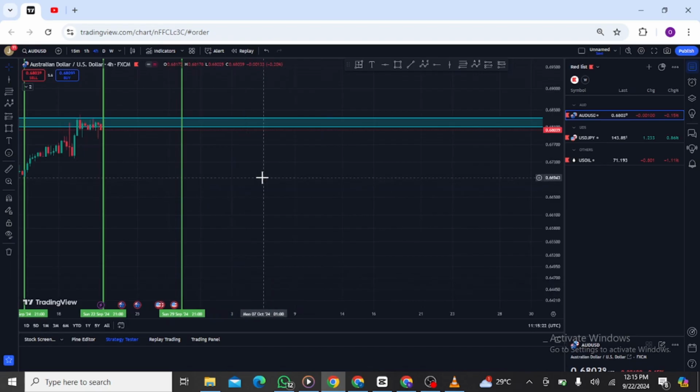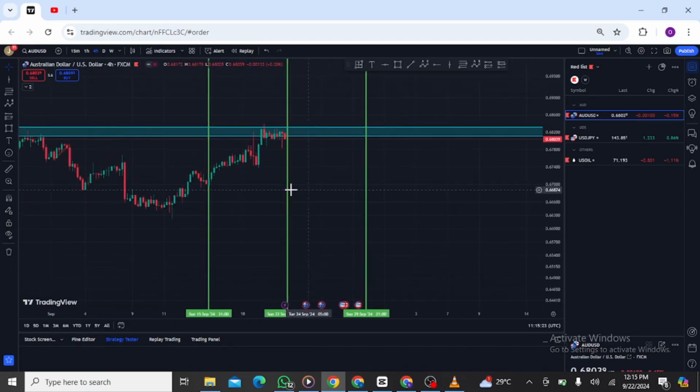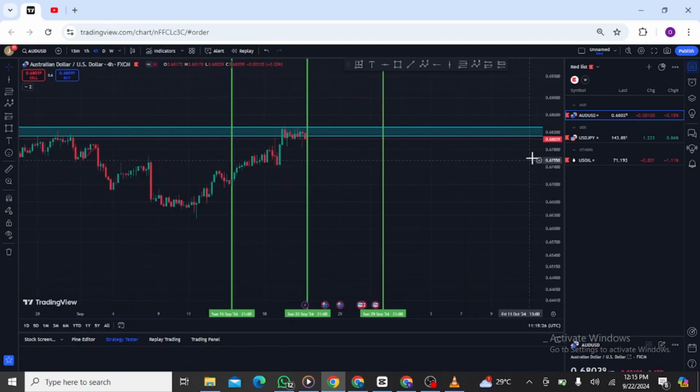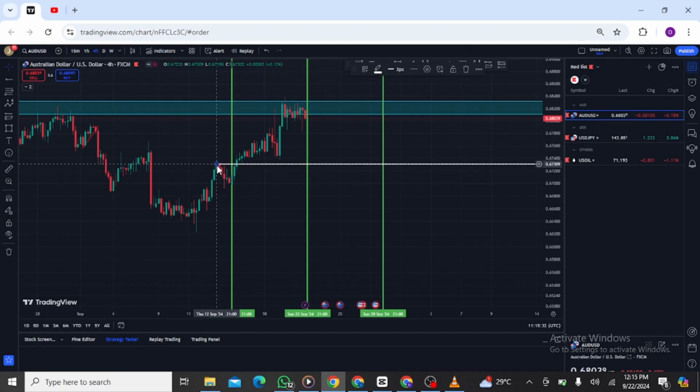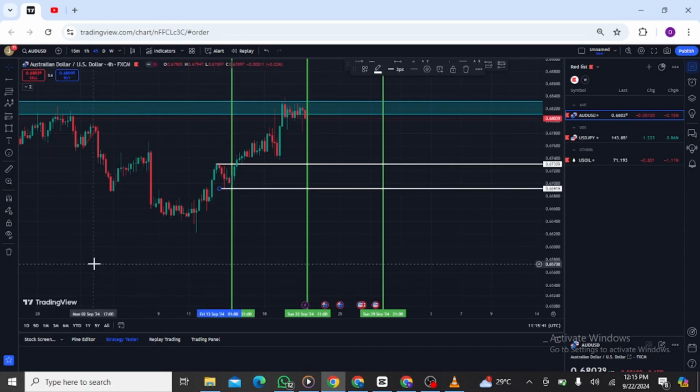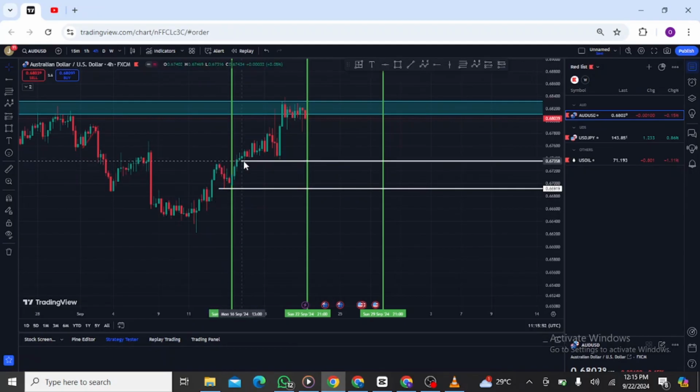So guys, what can we see inside this box here? This high broke this high. Which low is responsible for this breaking of this high? It is this low here on H4. Okay, when this high got broken, which one is the recent low that formed?